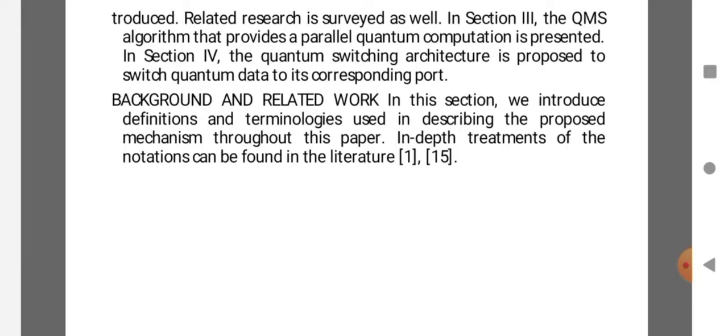In section 4, the quantum switching architecture is proposed to switch quantum data to its corresponding port. Backgrounds and related work. In this section, we introduce definitions and terminologies used in describing the proposed mechanism throughout this paper. In-depth treatment of the notations can be found in the literature.